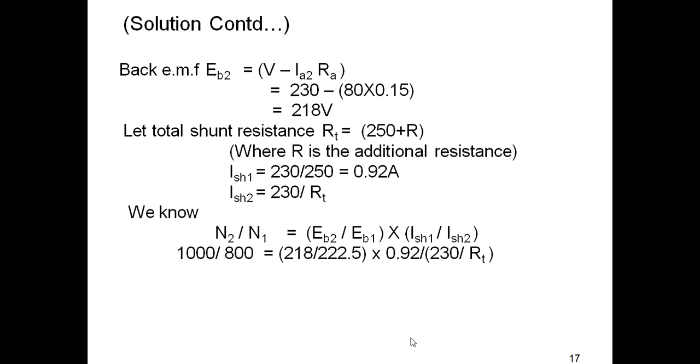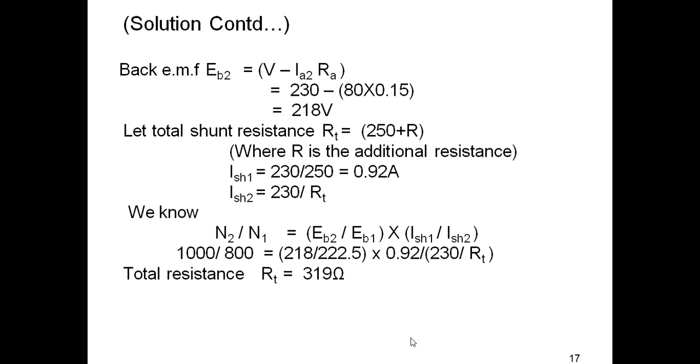After substitution of these values, it is 1000 by 800 is equal to 218 by 222.5 into 0.92 by 250 plus R.